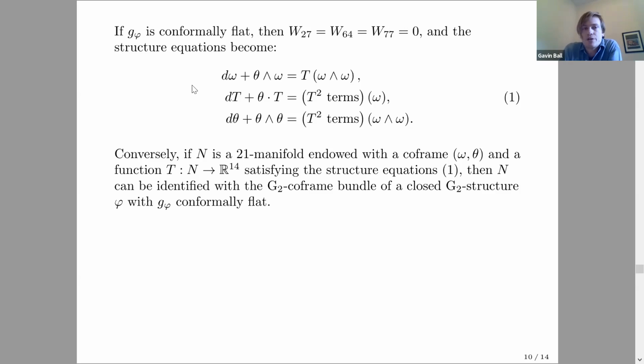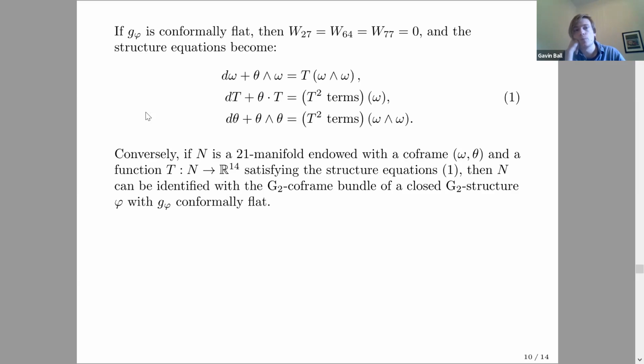Well, it's not too hard to show that conversely, if I just have some 21-manifold that has a coframe, omega, theta, so omega takes values in R7 and theta takes values in G2, so the components of these things will be 21 one-forms, and a function T that maps from my 21-manifold to R14, which is the Lie algebra of G2, that satisfy these equations, then I can identify N with the G2 coframe bundle of some closed G2 structure phi such that g_phi is conformally flat.